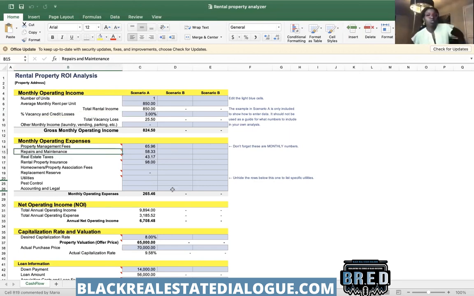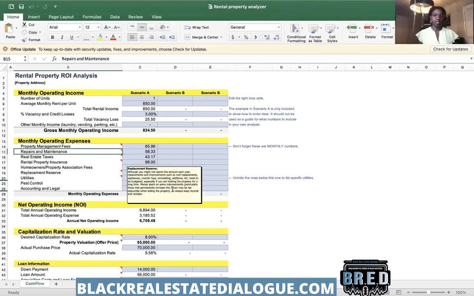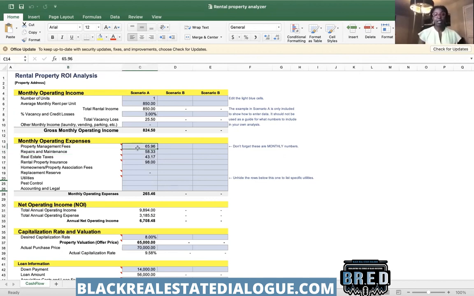In terms of operating expenses, like I listed before, you have the property management fees. Depending on what that looks like, my property managers charge 8% of the rent. So whatever 8% is, I write it down. And this is based on one of the units that rents for $850 a month.